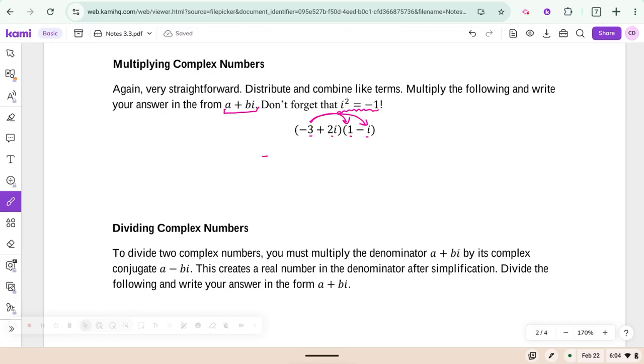Negative 3 times 1 is negative 3, and negative 3 times minus i is plus 3i, because a negative times a negative is a positive. Now I'm going to do 2i times 1 and 2i times negative i. 2i times 1 is positive 2i, and 2i times negative i is negative 2i squared.